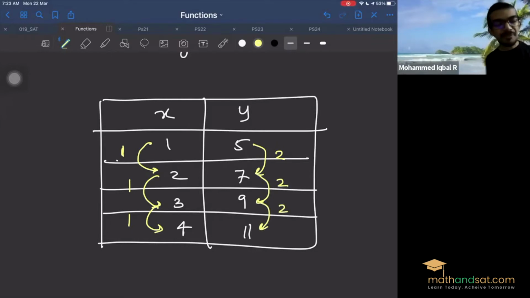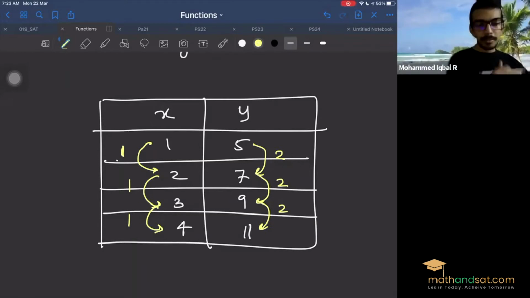So these are the different ways to figure out that a given relationship between x and y is a linear function. Is that clear?